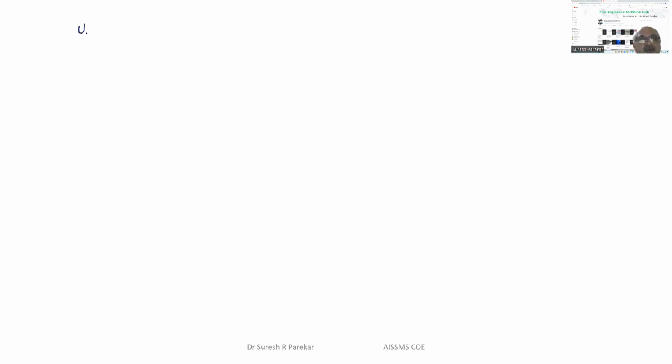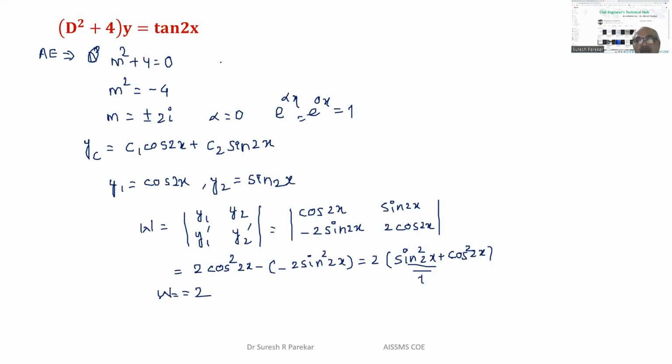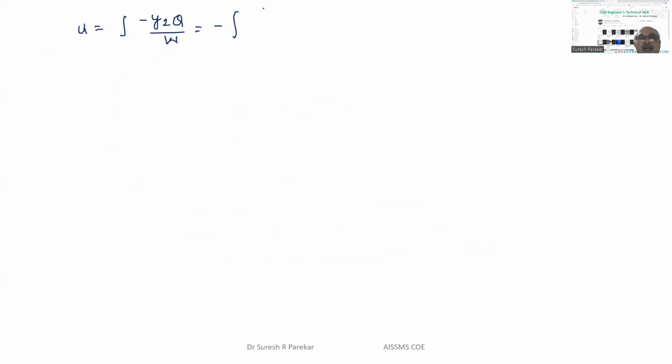So we have U equal to integration of minus y2 into q divided by W. Now q we have tan 2x, and y2 we have sin 2x, so minus sin 2x into tan 2x. The value of W is 2, into dx.